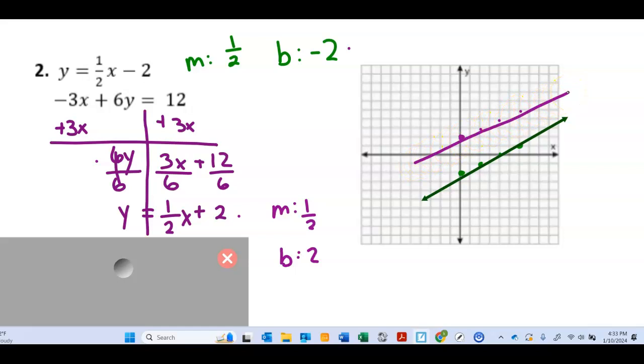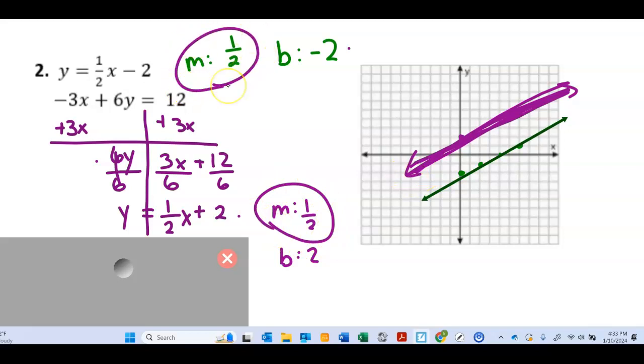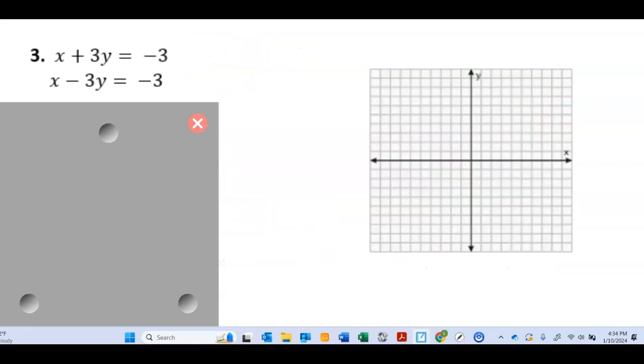They have the same slope, so these are going to be parallel lines. And so how many solutions do I have? I have no solutions. So you are deciding what the solution is. Sometimes it's infinite solutions, sometimes it's no solution, and sometimes it might be a solution.